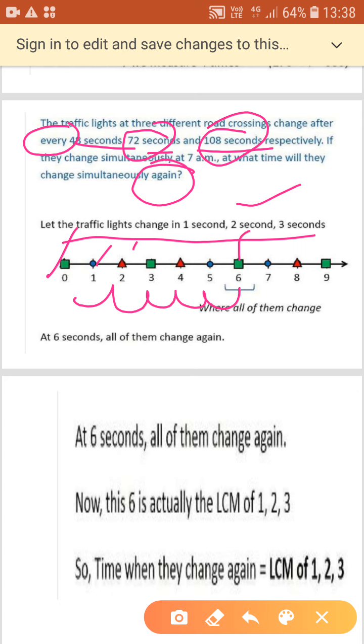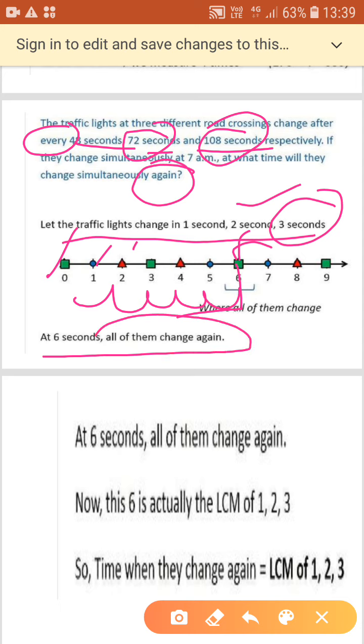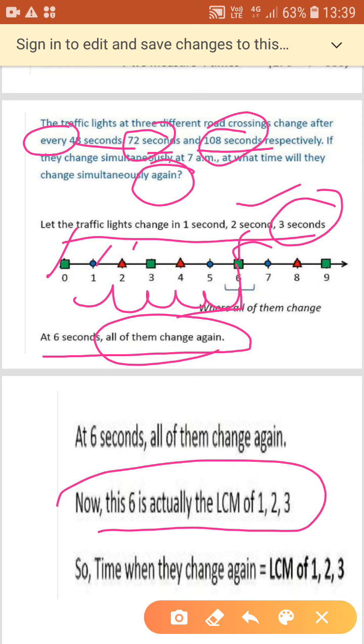Similarly, the second is changing after every 2 seconds, so 2 plus 2 is 4, and plus 2 is 6. For the third, it changes after 3 seconds first, and then for the second change it is again 6 seconds. So at 6 seconds all the three of them change again. So what is 6? 6 is actually the lowest common multiple of 1, 2 and 3.